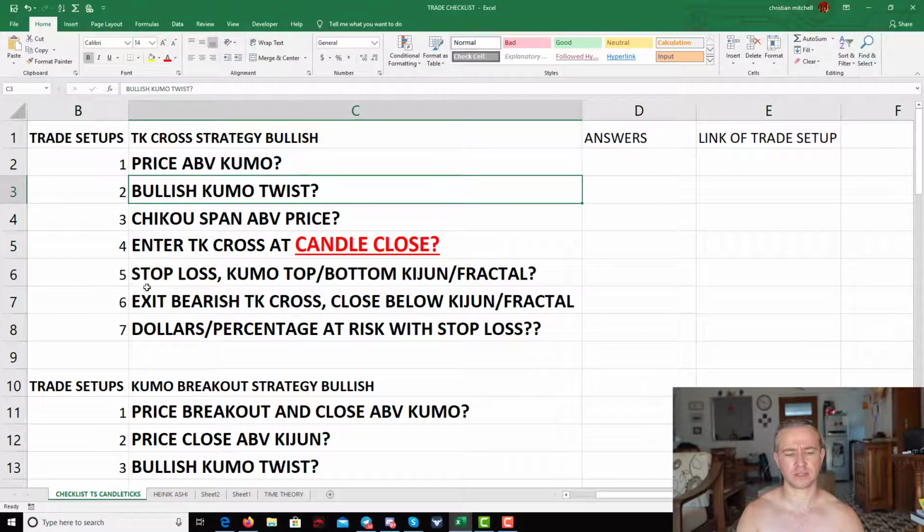So question number 6, exit bearish TK cross, price close below the Kijun or fractal. So those are your different options for taking profit on this trade.